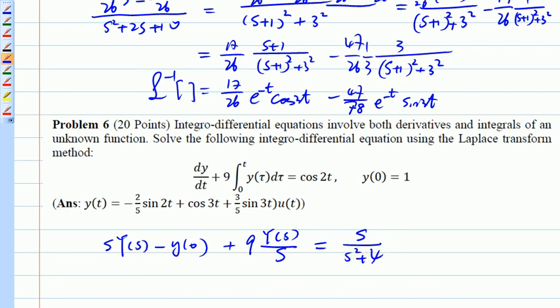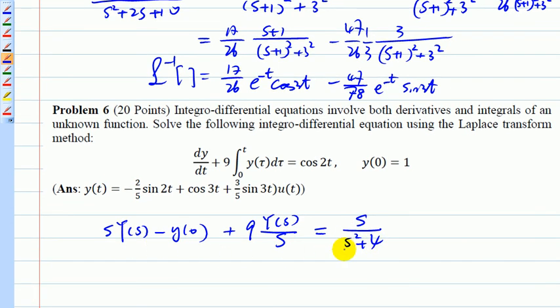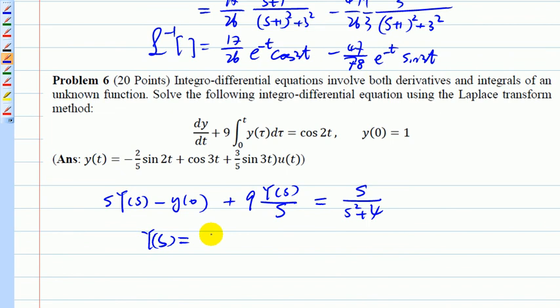That's basically what you get. Group all the terms regarding Y of s and get an expression for capital Y of s. The expression is (s cubed plus s squared plus 4s) over (s squared plus 4)(s squared plus 9).